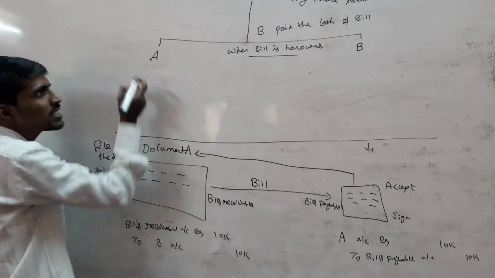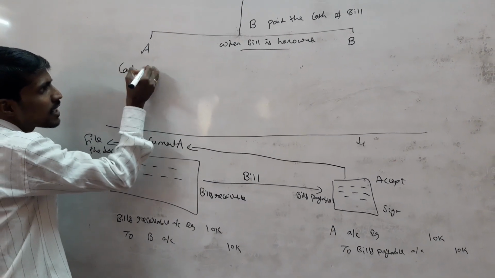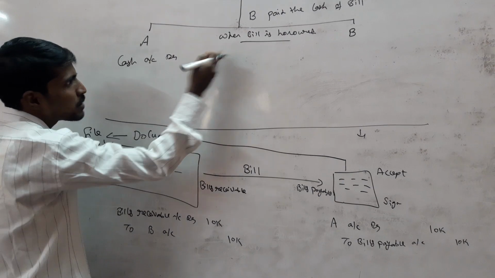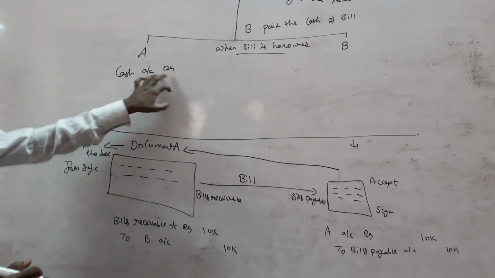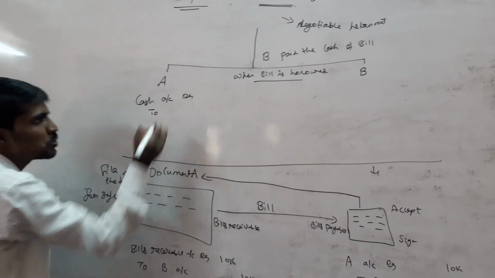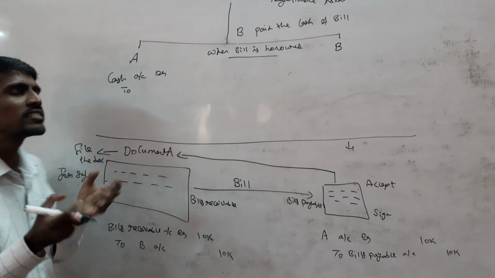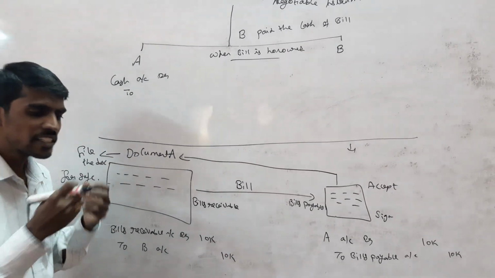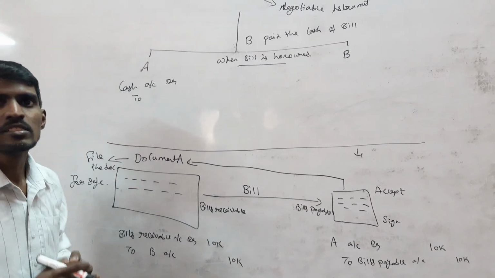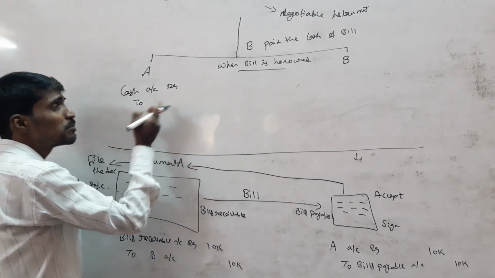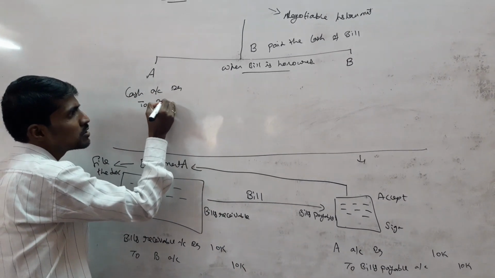Here what is he receiving? He is receiving the cash. He is paying and he is receiving the cash. So cash account debit to, whenever A is receiving the cash, what he has to do? అతని దగ్గర ఏదైతే బిల్ ఉందో అది ఇచ్చేయాలి. Means whatever bill is received, he has to give it off.